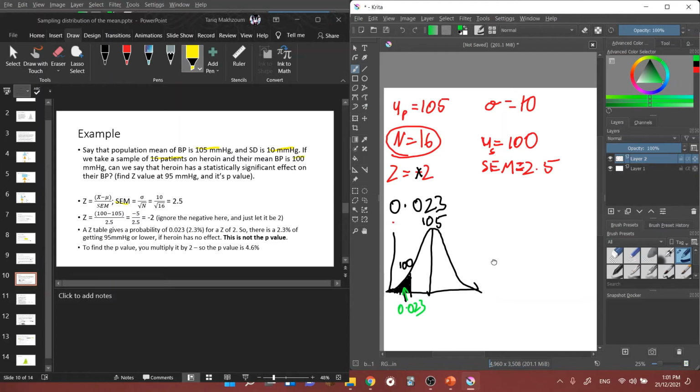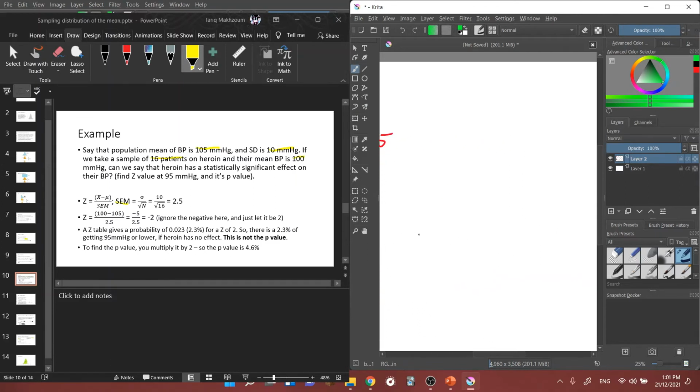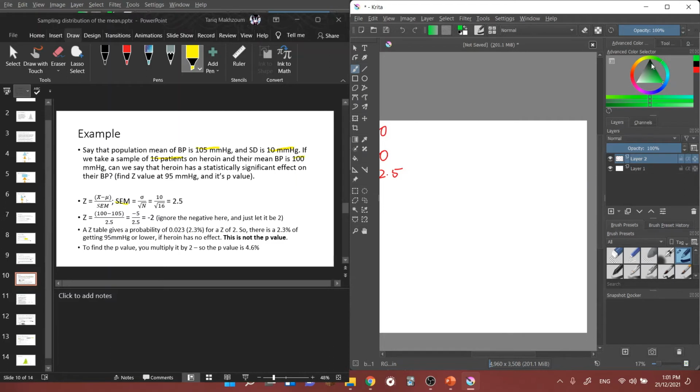And the short explanation for that is, if I'm just going to go over here, if we draw a graph, right, and let's say we were finding the probability of getting a result that's this far from the mean or higher, right?